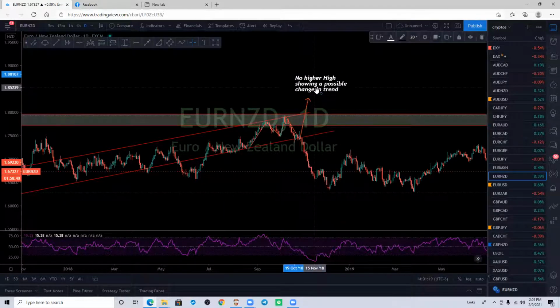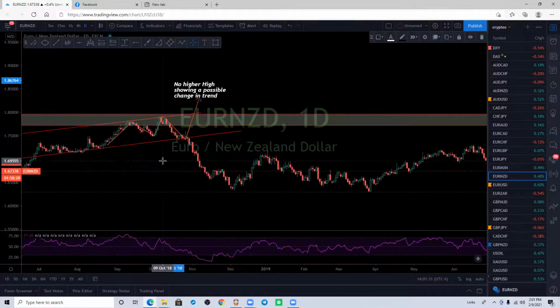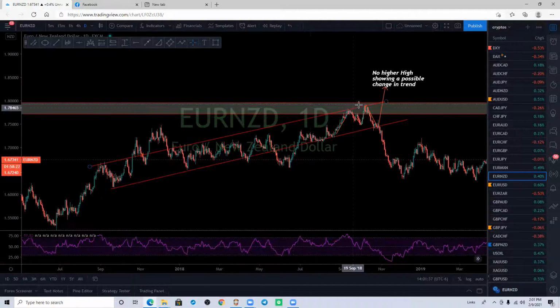No higher high was up here. It failed to make a higher high above the zone and the trend. It gave us a double rejection at this area. This is a good indication that price is going to go down.